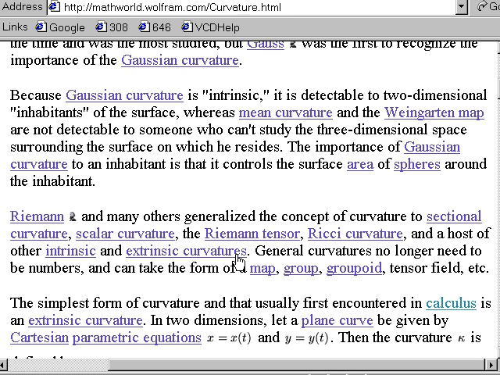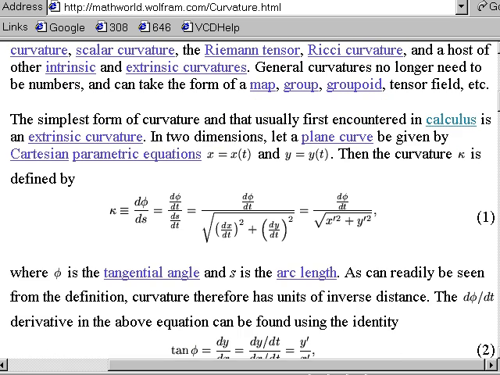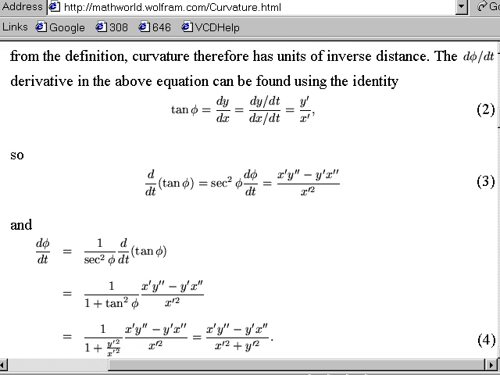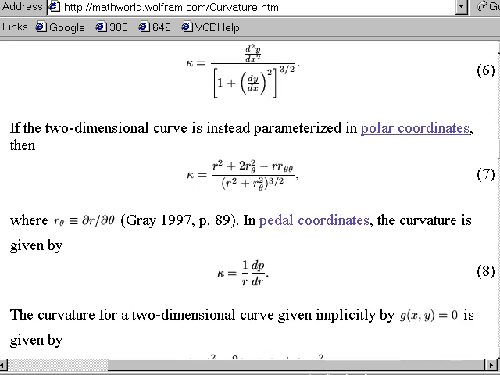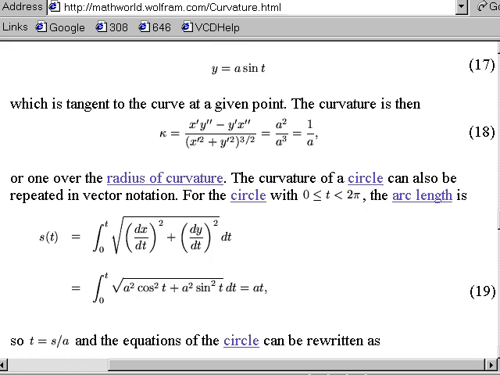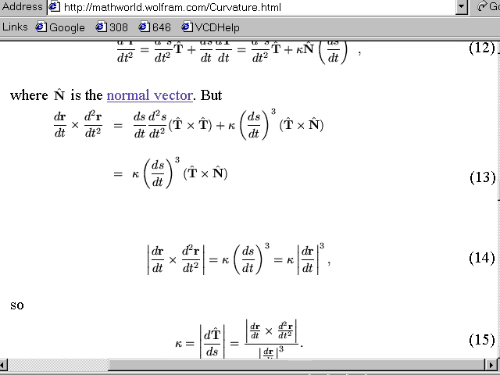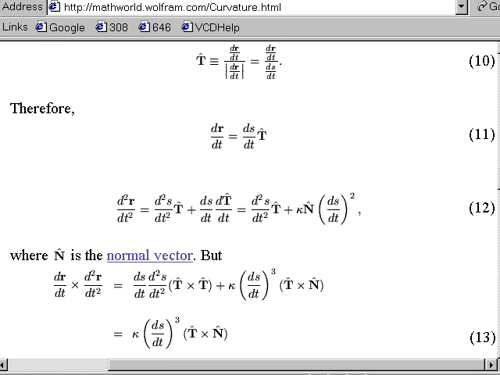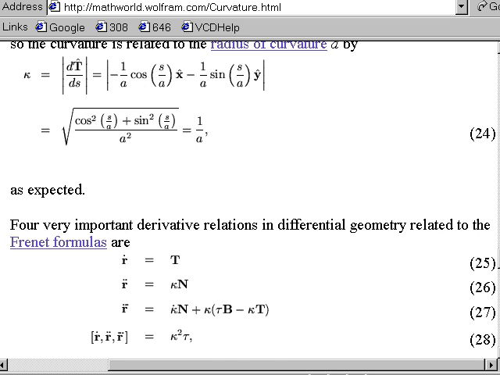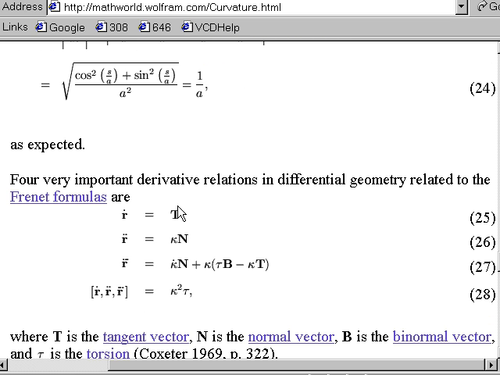Now every one of these is a link. So there's mean curvature, Gaussian curvature, average curvature, Ricci curvature, sectional curvatures, which is the same as Gauss curvature, etc. You can go through a link on all of these. Now this goes through what I did on the PDF file of defining curvature as the rate of change of the normal with respect to arc length, because that's what you get all the way down here somewhere.